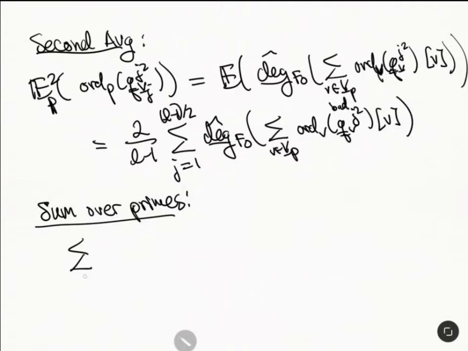Let's sum over the primes, and now this is the correct form. So now we have 2 over l minus 1, and we can pull this out. So we sum over the primes of E_p of this thing.